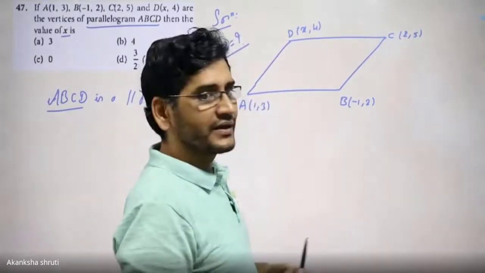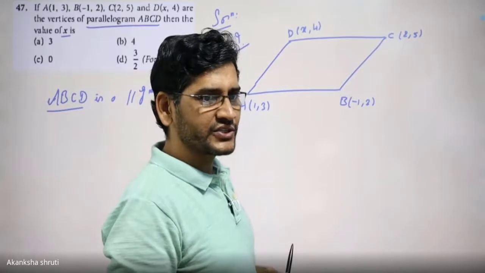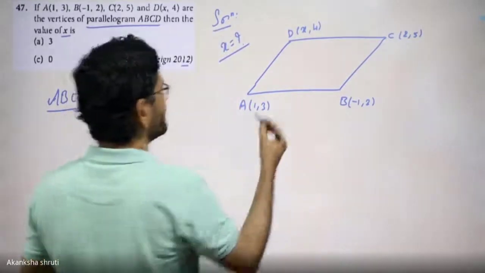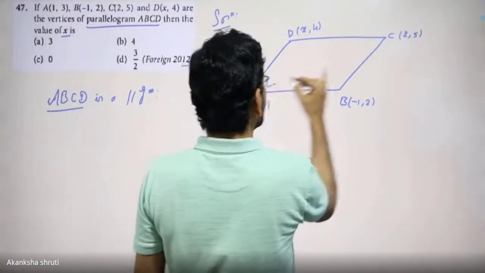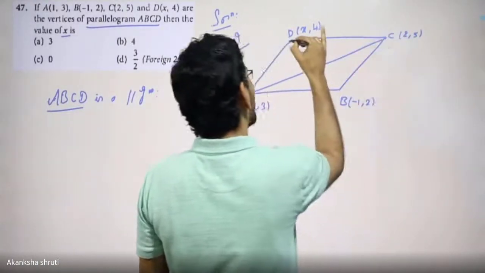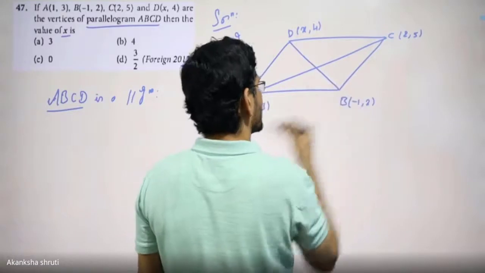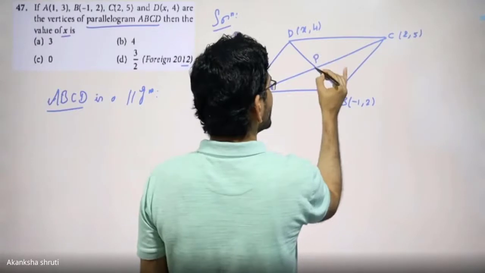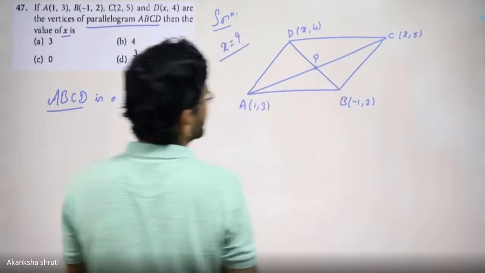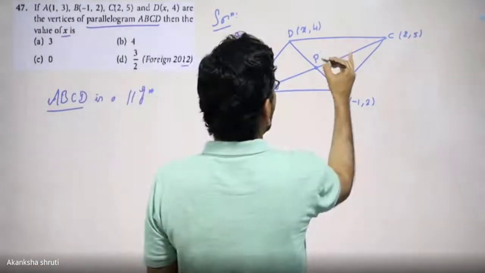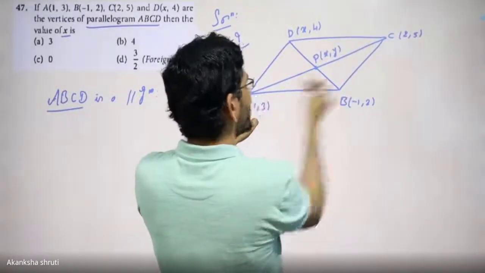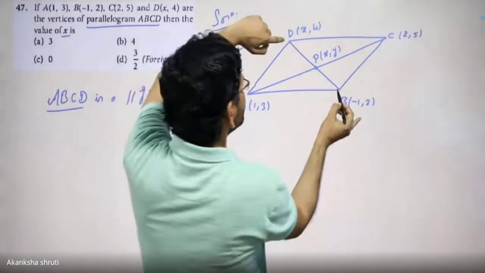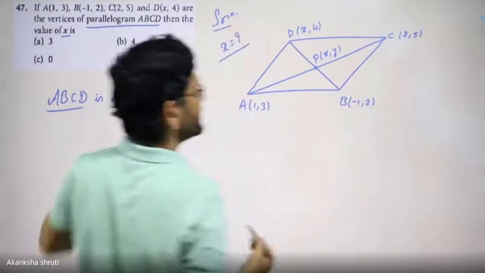Students, an even simpler method can be applied by knowing another property of a parallelogram, that the diagonals of a parallelogram bisect each other. It means if we consider P as the point of intersection of the two diagonals, then P will be the midpoint of diagonal AC and will also be the midpoint of diagonal BD.